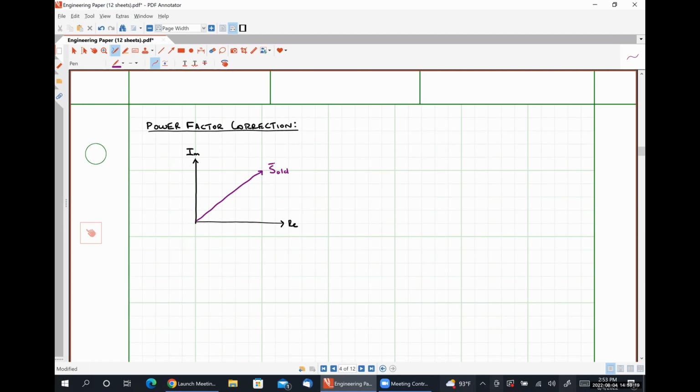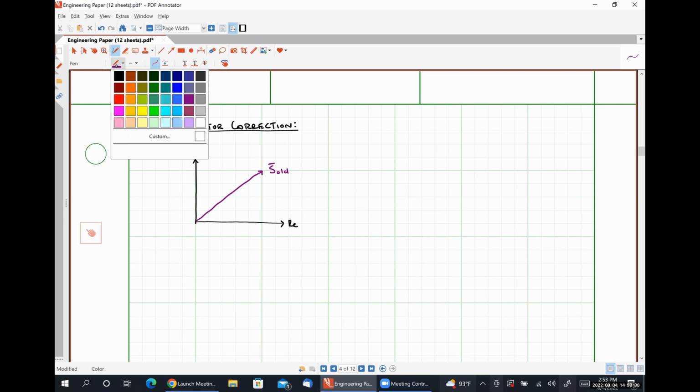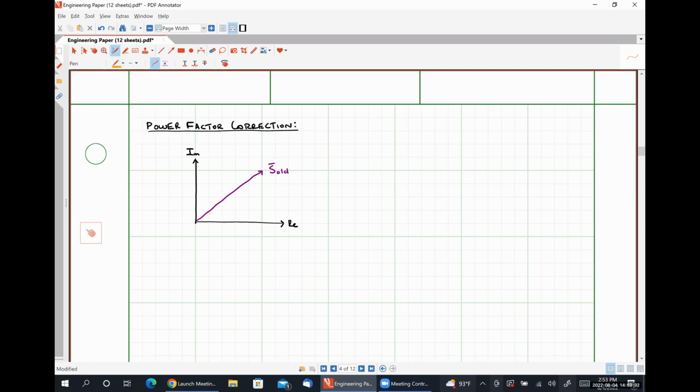Now, we don't know what this power factor correction technique is just yet. We're going to talk our way through it and figure it out. So this complex power forms an angle that I'm going to call theta old with the real axis.